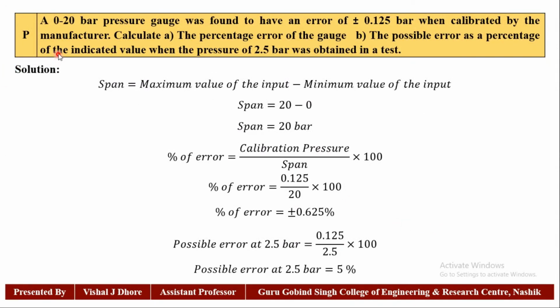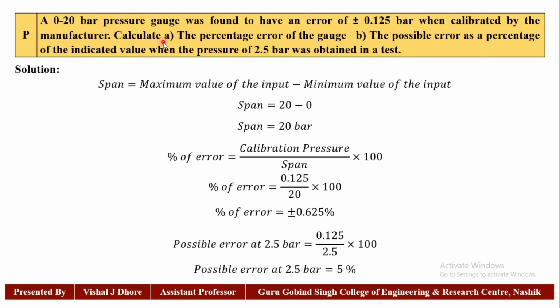Next: a 0 to 20 bar pressure gauge was found to have an error of plus minus 0.125 bar when calibrated by the manufacturer.